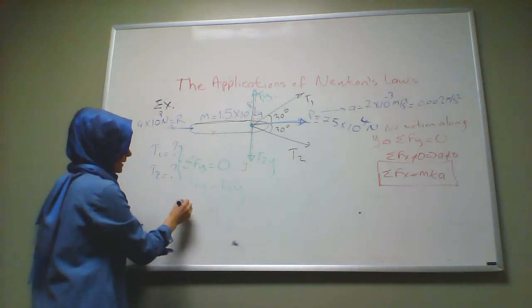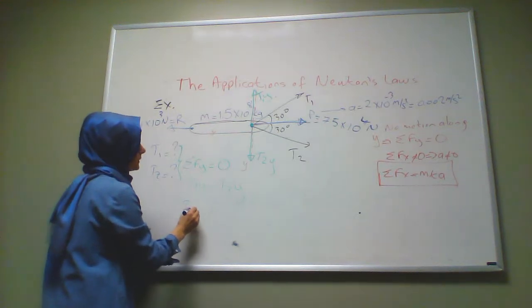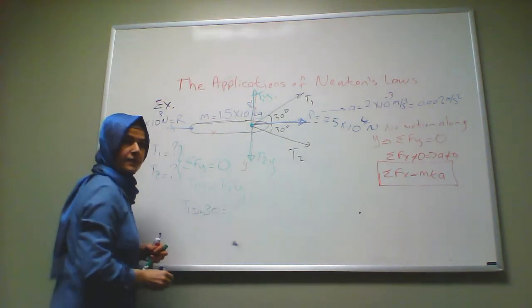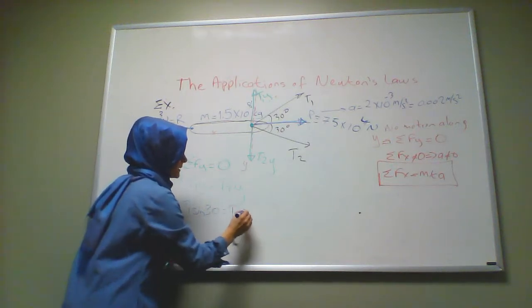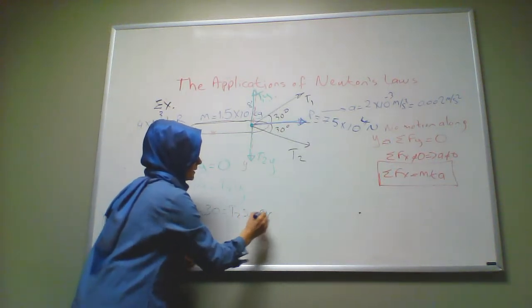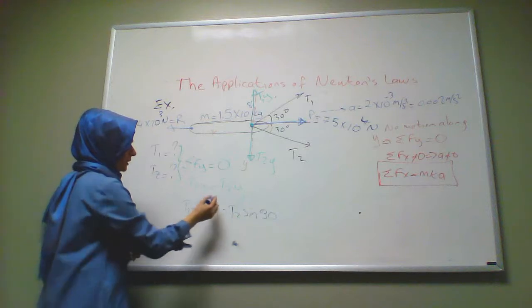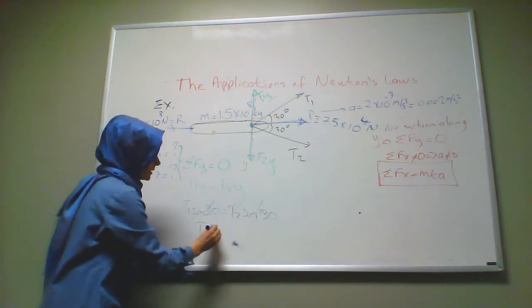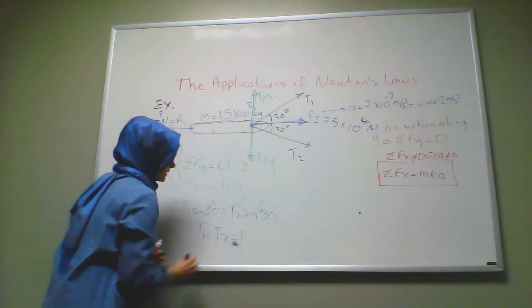Let me put these here. T1y is equal to T1 sine 30, and T2y is equal to T2 sine 30. So sine 30, these two are equal to each other. Sine 30 cancels, and I get the information that T1 is equal to T2. Let me call this T.